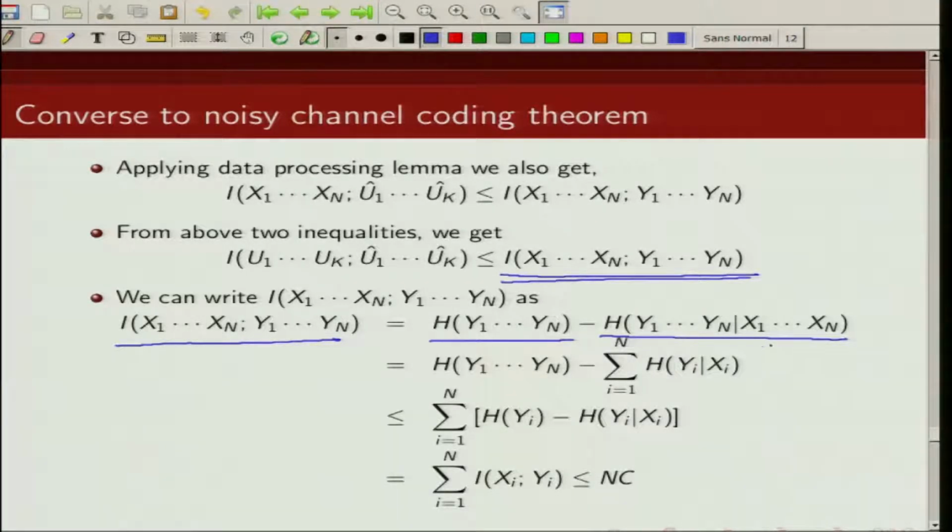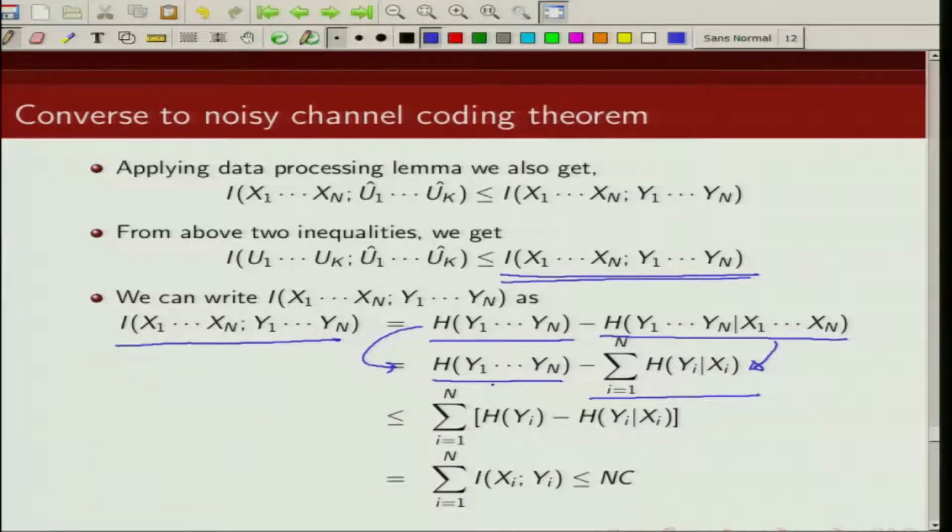Now, since this is a discrete memoryless channel without feedback, this term can be written as the summation of uncertainty in yi given xi. So I can write this as joint entropy minus the summation from i goes from 1 to n of h of yi given xi.